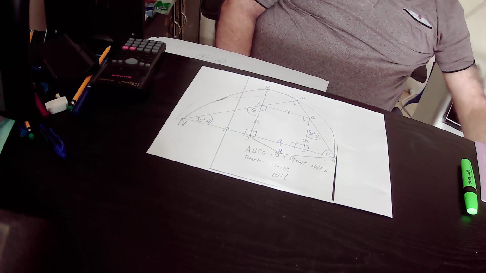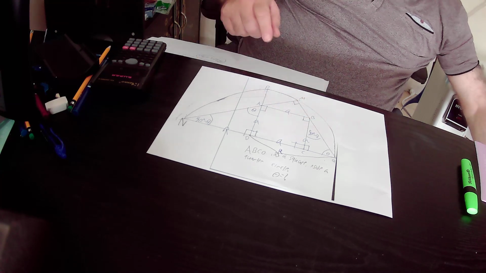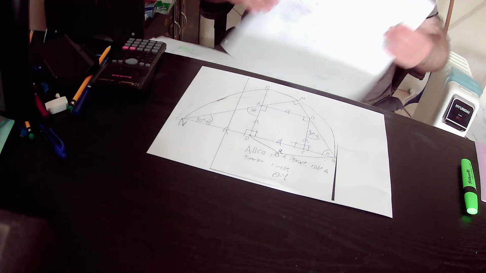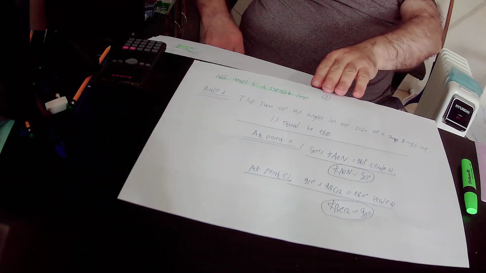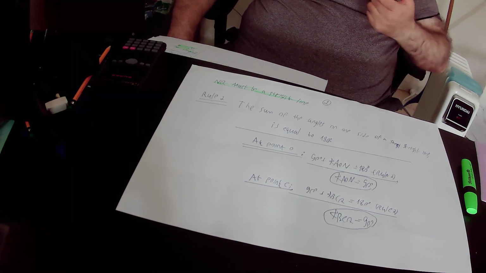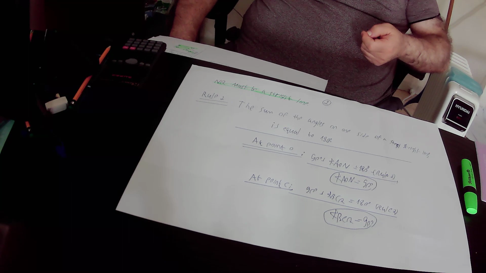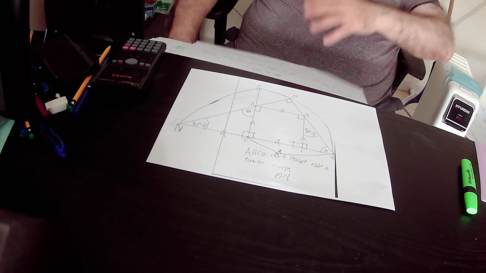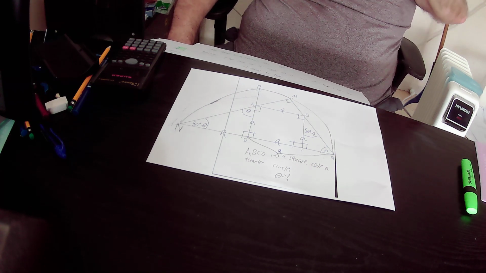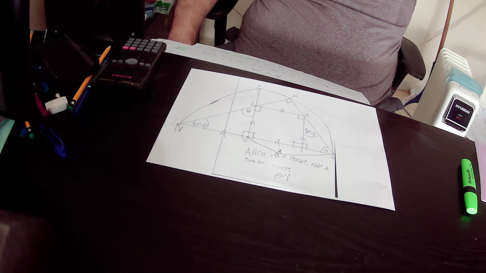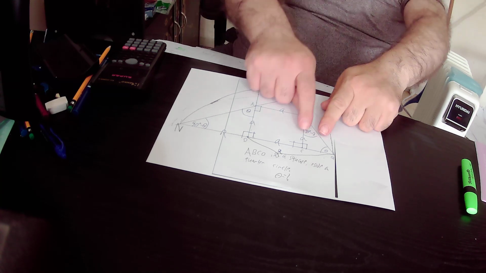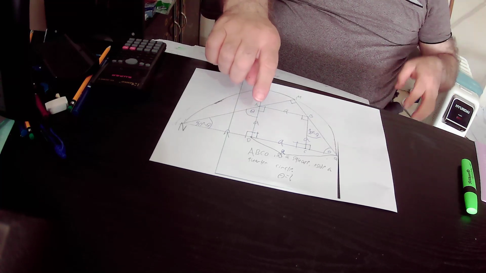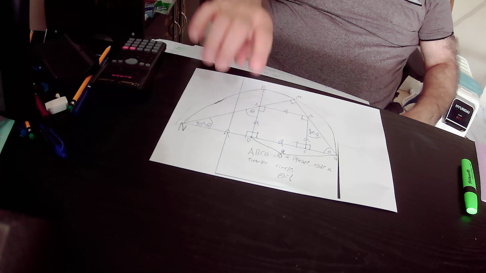Then we have already found out that NQ is the diameter of the semicircle, so it must be a straight line, and we have rule number 2: the sum of the angles on one side of a straight line is equal to 180 degrees. If you focus on the upper side of the straight line NQ at point O, then the sum of the angles there must be equal to 180 degrees.